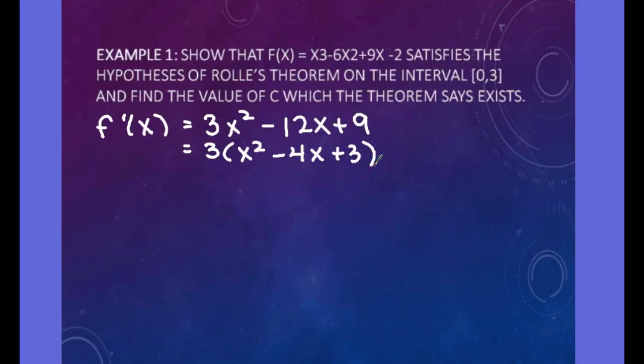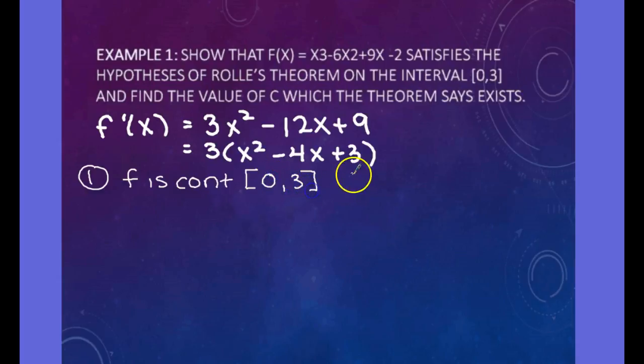And it's very easy to say that Rolle's theorem's 3 hypotheses are true because number 1 is that f is continuous. Well, any polynomial function is continuous. So a cubic function is continuous.